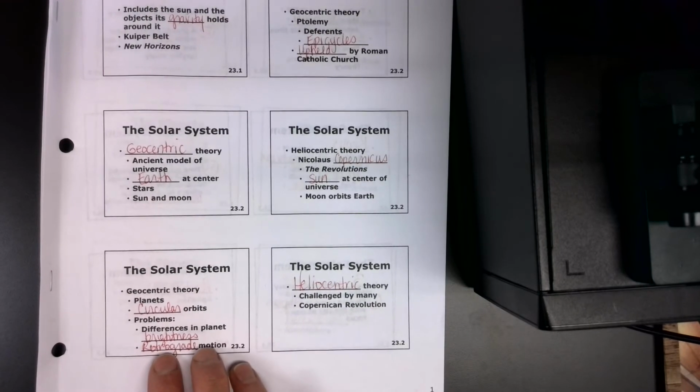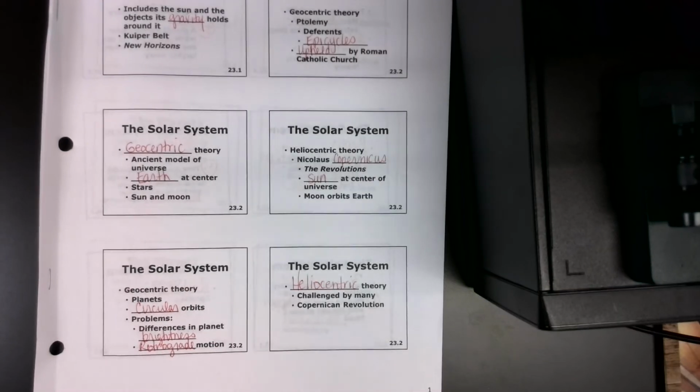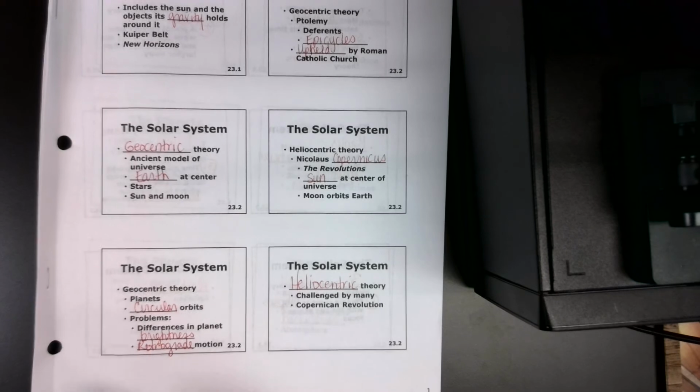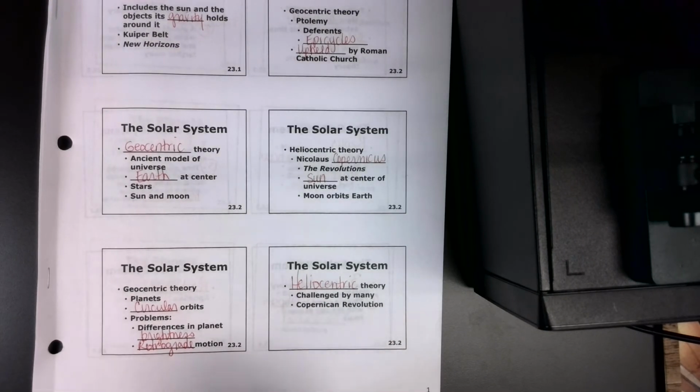Retrograde motion was something that, when we observe different planets in the night sky, for example Mars, there are times where it appears like it moves backwards and then it moves forwards again. It does not really change its path of motion.